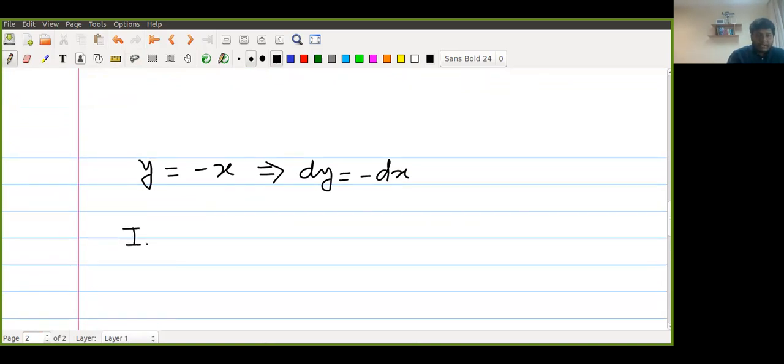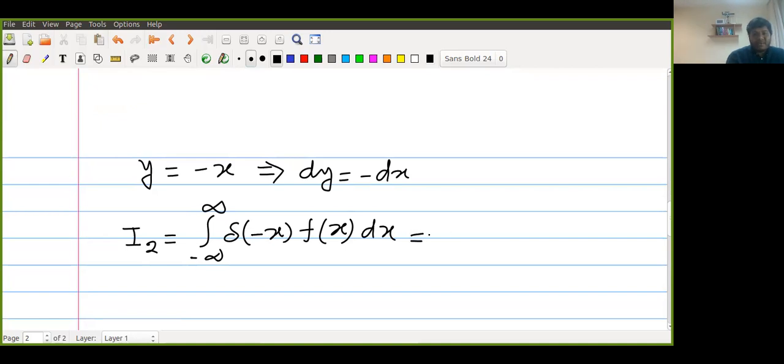So if I want to write the integration once again, our previous integration was from minus infinity to plus infinity of delta of minus x f of x dx. Now changing the variable, this will be plus infinity to minus infinity of delta of y f of minus y with a minus sign, minus dy.